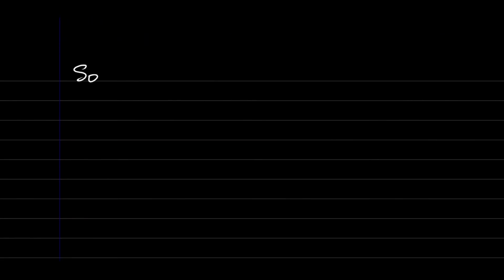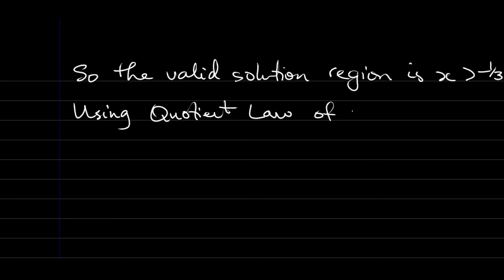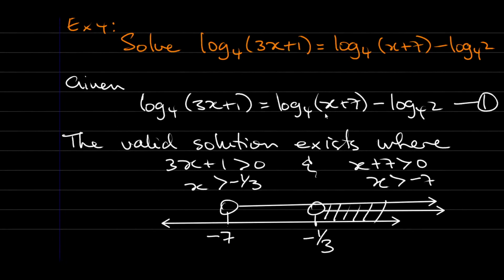Let me state that region. The valid solution region is x greater than negative 1/3. Using the quotient law of logs, this one here, x plus 7 over 2.